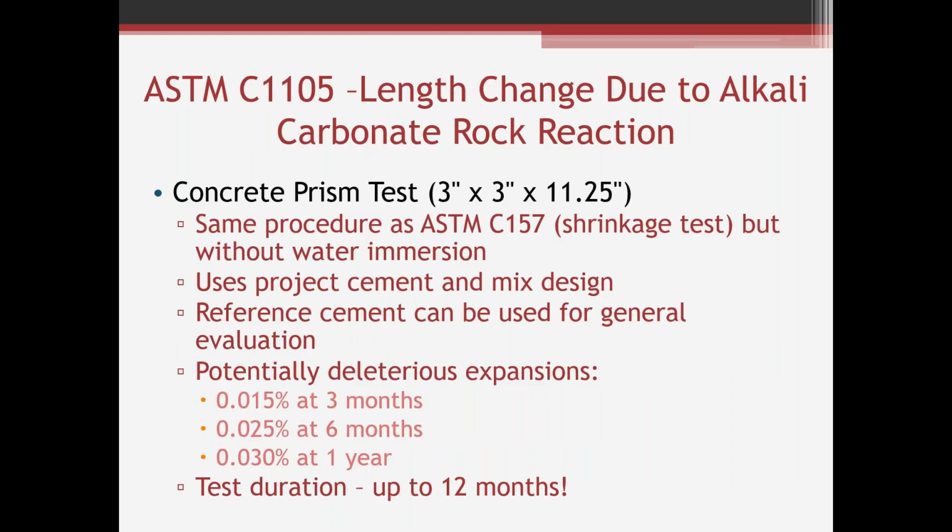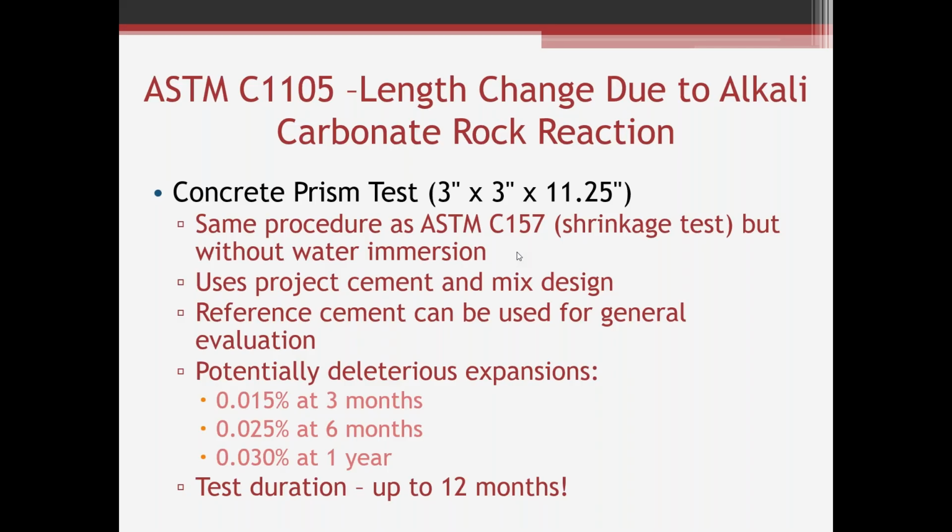Another alkali carbonate test, ASTM C1105, is a prism test where you get a 3-inch by 3-inch by about 11-inch prism. Very similar to ASTM C157, the shrinkage test, but you're not immersing it in water. It just uses whatever project cement, whatever the project mix design.